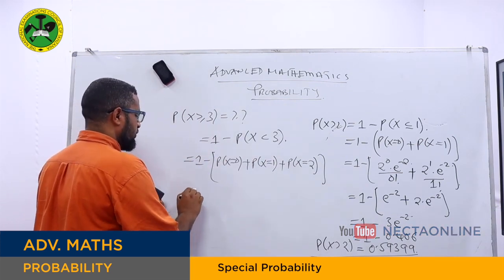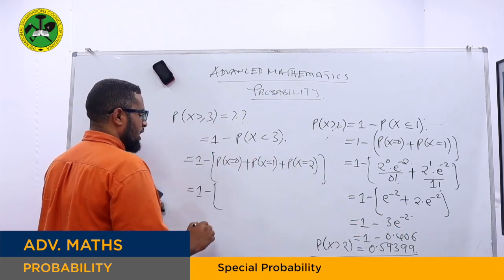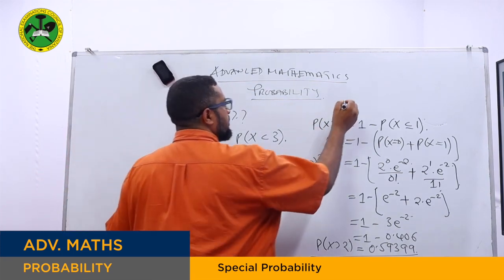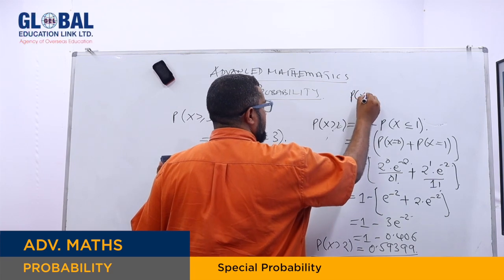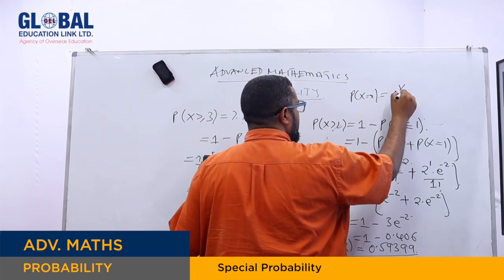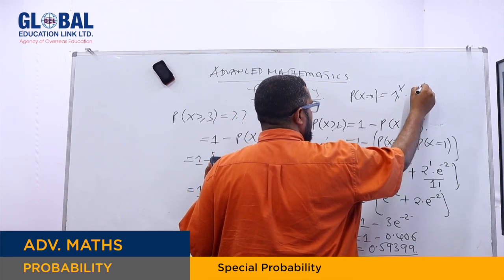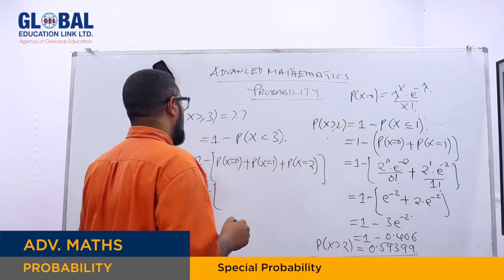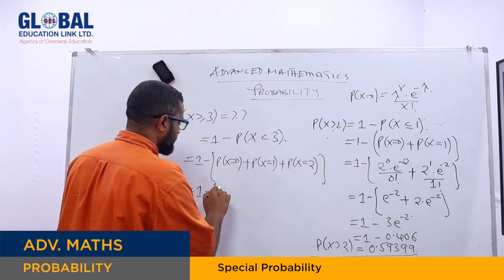Thereafter, let's go to the formula. 1 minus. Our formula, remember, is this one: lambda to the power of x times e to the power of negative lambda divided by x factorial. Our lambda is 2.